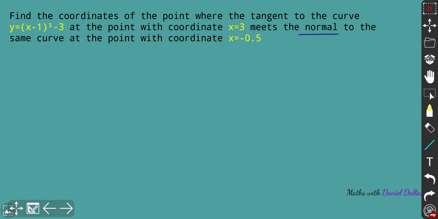Now we're going to do the following. We need to find the equation for the normal. How does the equation of the normal look? I mark it as y of x. It looks like f of the given point, in this case negative 0.5, then we flip the gradients.